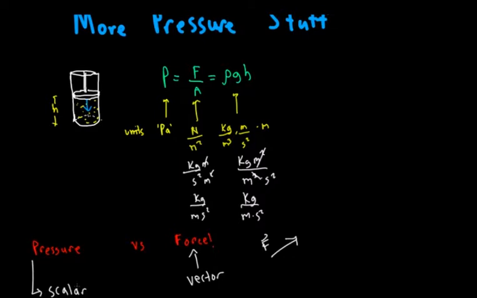This is a little bit counterintuitive because pressure and force are almost used interchangeably, but it's important to realize that pressure is a scalar. So you can't draw pressure vectors. You can't do pressure pushing down. Yes, the force of pressure is pushing down, but pressure itself is a scalar.